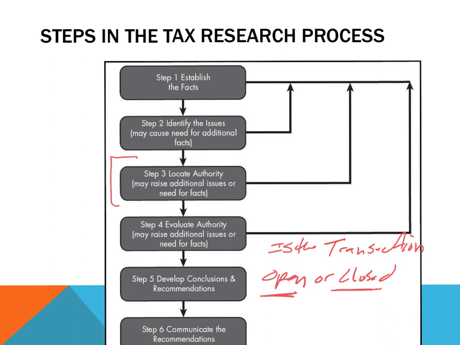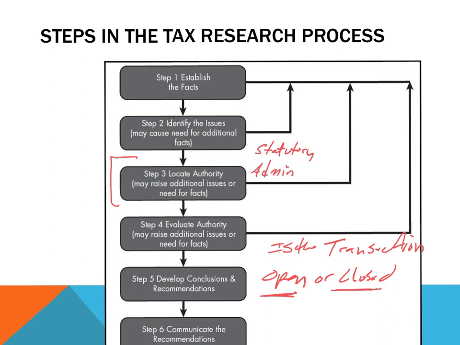Step 3, locate the authorities. This is a very, very important step, okay? And hopefully, by the time you're watching this, you have already looked at chapters 3, 4, and 5. Because what you found in chapters 3, 4, and 5 is that there are 3 basic types of primary authority. There are statutory authorities.